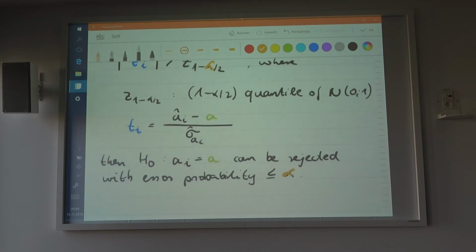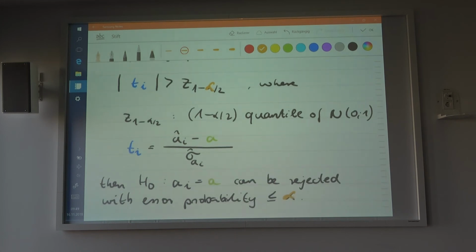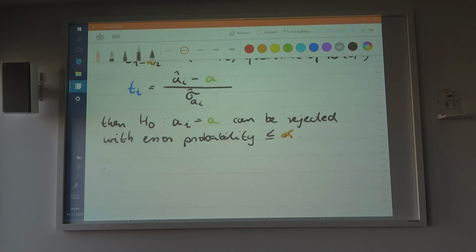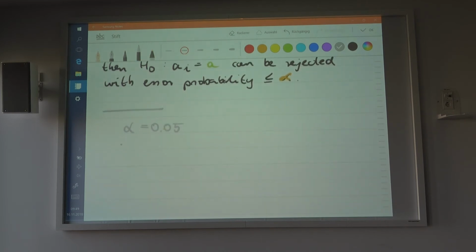And if the absolute value of the statistic is greater than the 1 minus alpha half quantile of the standard normal distribution, then the Null hypothesis can be rejected at an error probability of alpha, or not greater than alpha. If you don't remember what the 1 minus alpha half quantile is, just as an example to recall it, suppose that alpha is equal to 0.05.